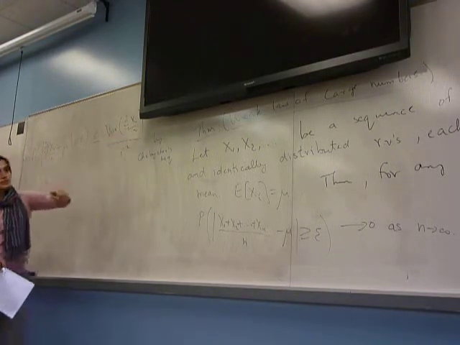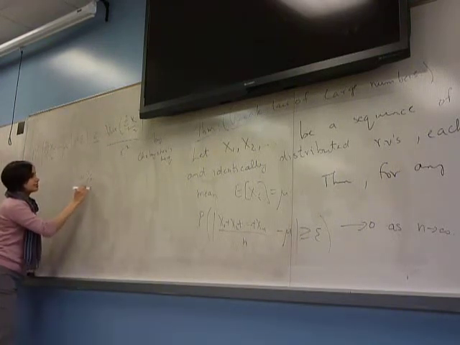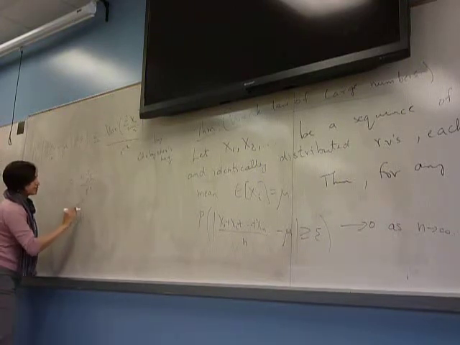And our variance of this, we just calculated that. We know it's sigma squared over n, over epsilon squared.